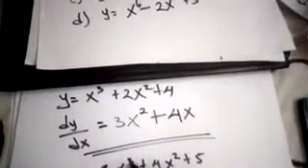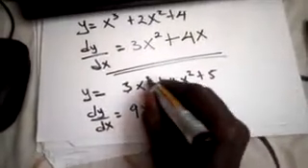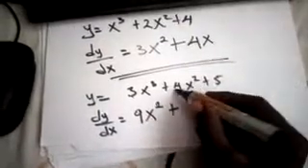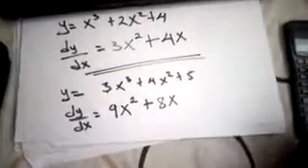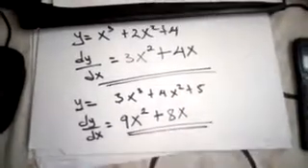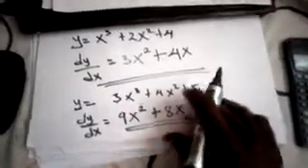So dy/dx is going to become, we multiply by the power, so this one becomes 9x, reduce the power by 1, so 3 minus 1, it is 2, plus, multiply by the power, that is 8x, reduce the power by 1, it becomes x power 1, which is x, so plus a constant, which is a 0. Hope it is clear for every one of us.